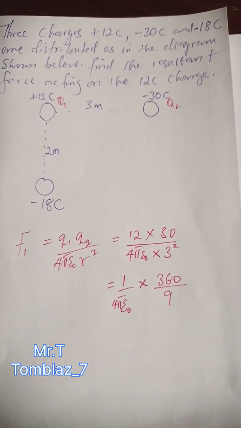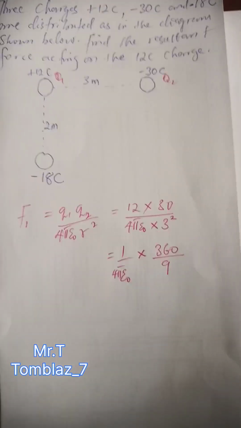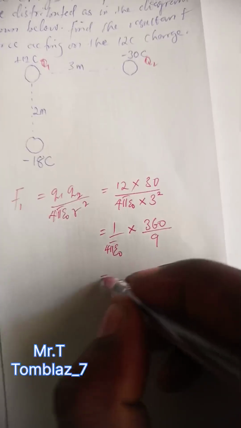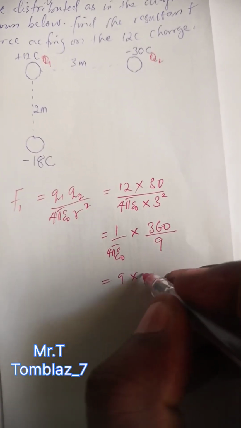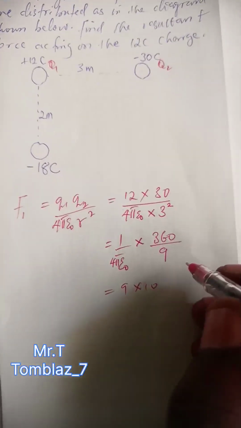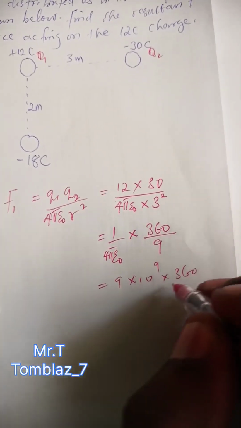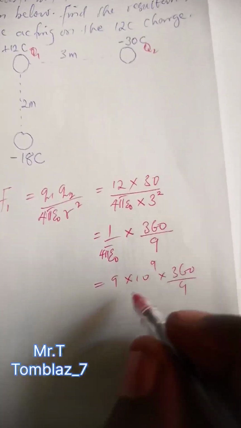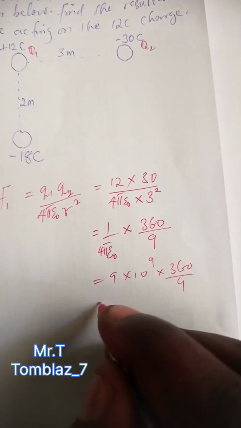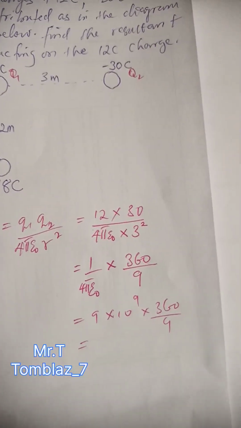It has a value, and that value is given by 9 times 10 raised to power 9. Then times 360 over 9. So looking at this value now, let's divide through.